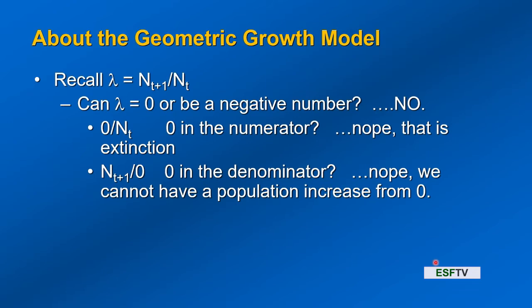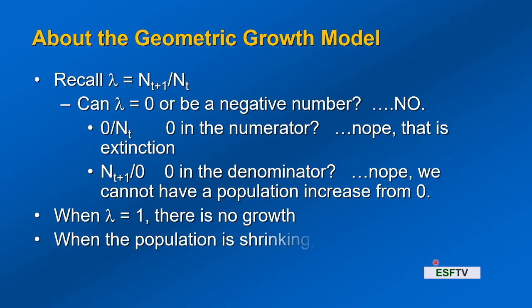Well, no, you can't, because you can't have, again, a population start from 0, right? So, no. When lambda equals 1, there is no growth. Okay? We're going to look at how that relates to the rate of increase r in a little bit. But when lambda equals 1, there's no growth.